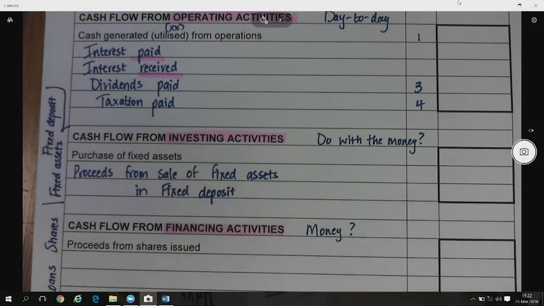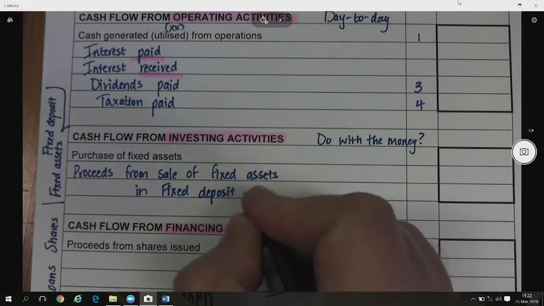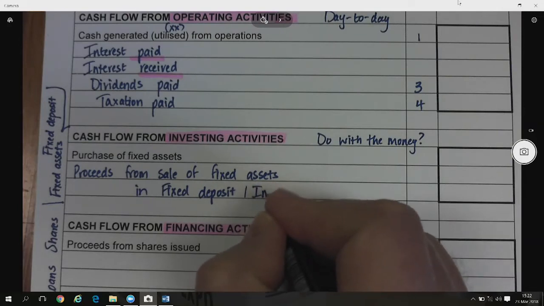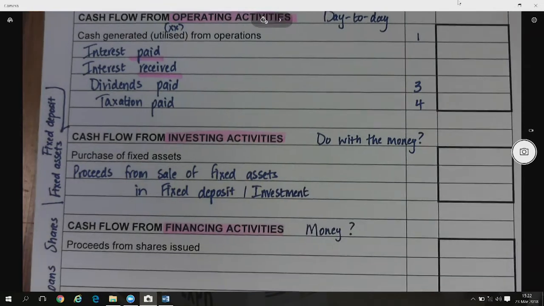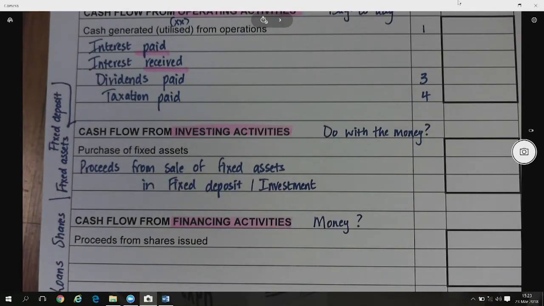Just make sure if there is an increase, so the fixed deposit becomes more, then it's money out. But when it matures, it's money in. Your fixed deposit or your investment, remember it is the same as your investment. That is the middle part, which is fixed assets and fixed deposit.